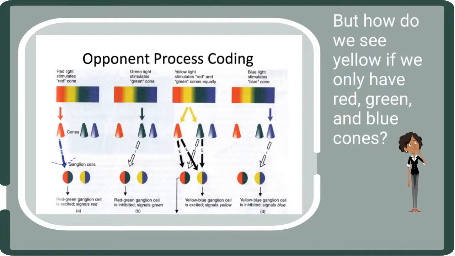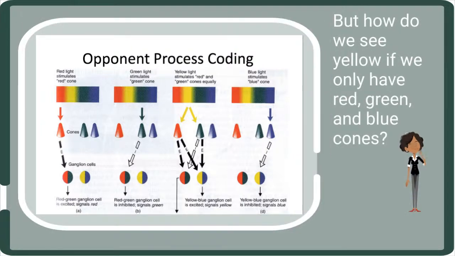So if your brain perceives an excited red-green ganglion cell, it knows you saw red. And green cones are inhibitory on red-green ganglion cells. So if the red-green ganglion cell is inhibited, then you perceive that as having seen green.